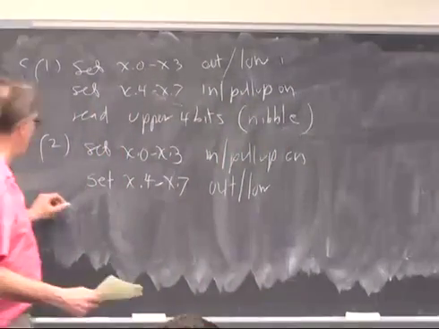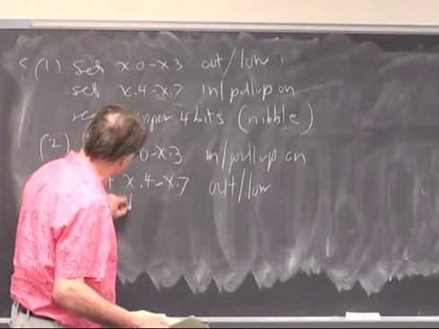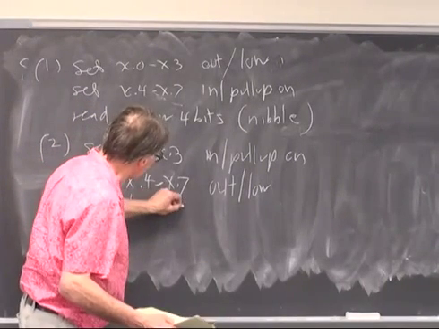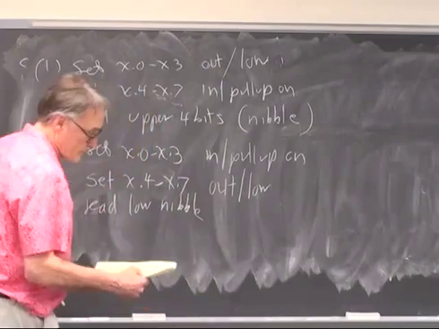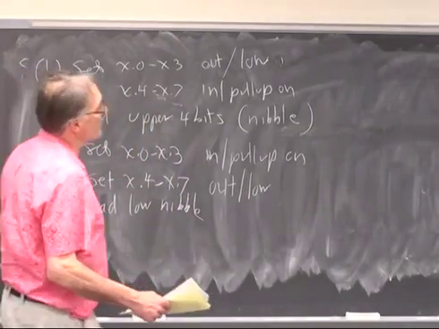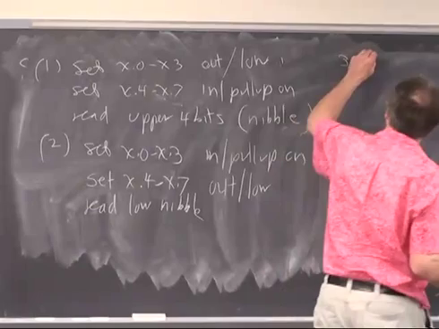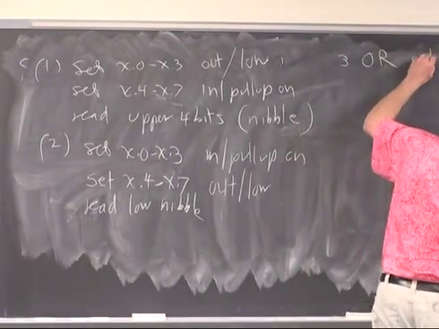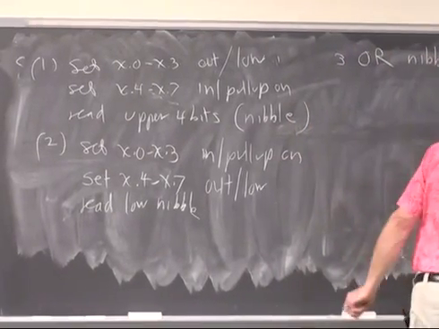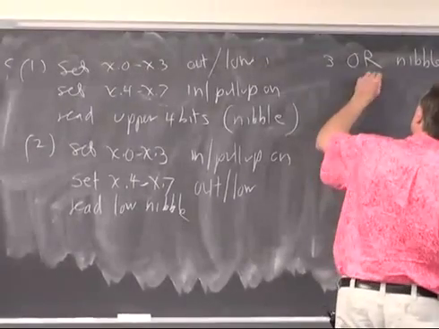And we're going to read the lower nibble. Then we're going to OR the nibbles together and do a table lookup.